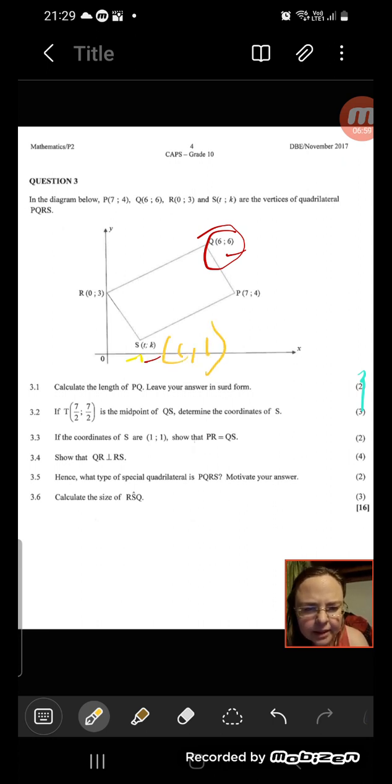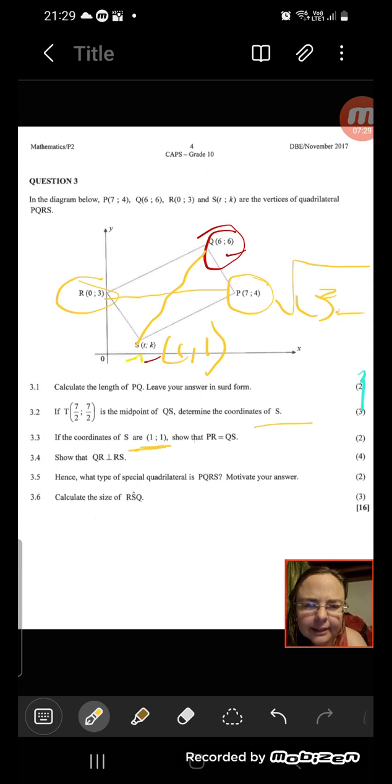Cool. Determine the coordinates of S. S is 1, 1. Now, why have they asked you to determine the coordinates of S? I told you. Show that PR is equal to QS. So PR, we got some diagonals going on here, is equal to QS. We got a point here, and we got a point here, so we can find that distance with this formula.